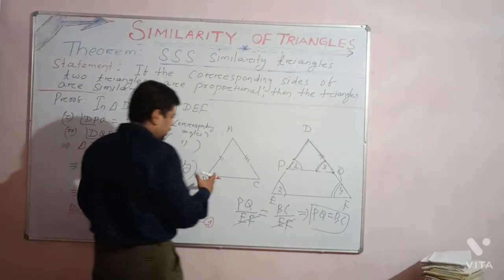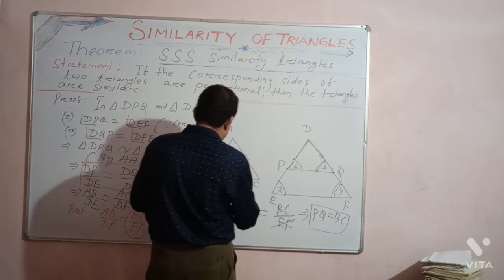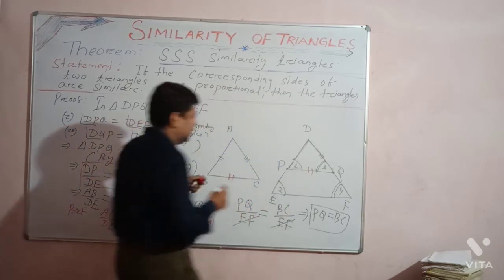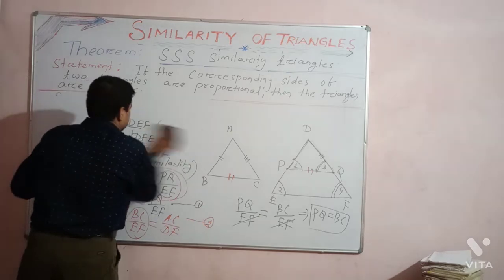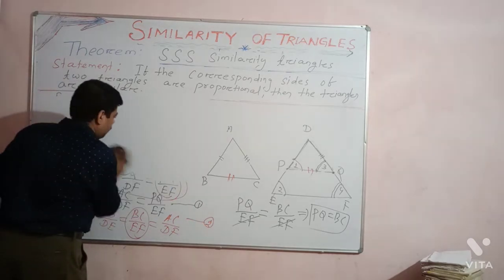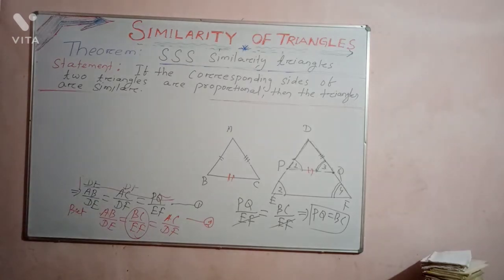Now this PQ side is equal to this side. This BC side is equal to PQ side. Right? Understand? Now let's see. So what you get now in the triangle?